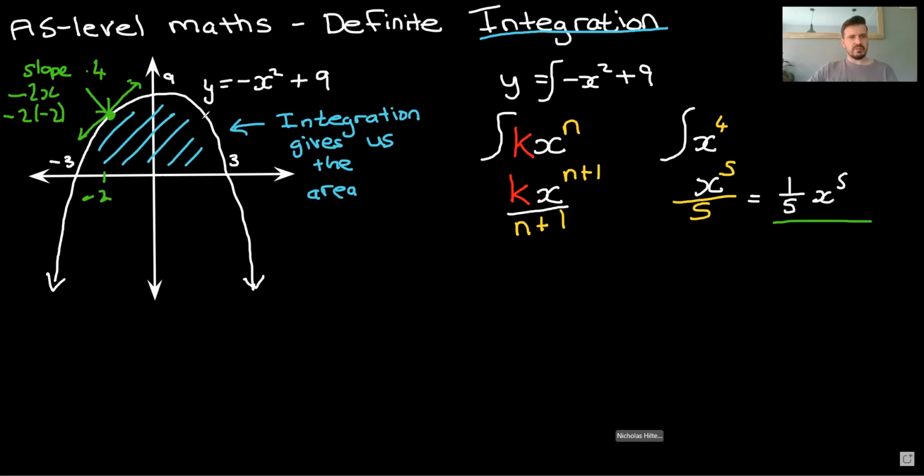If I subbed in the x values at any point on this graph, I would be able to find the derivative. So that works. But finding the area at a point is impossible because we cannot find the area of a line. If I tried to find the area at minus 2 and put in minus 2 here, I would get an answer, but that isn't an area.